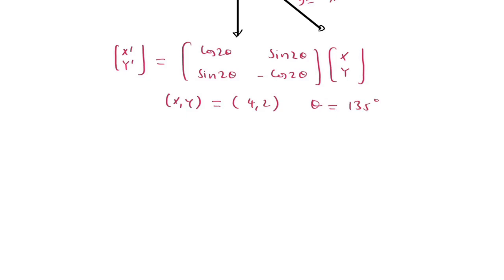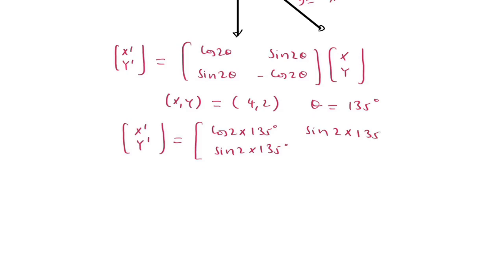Let us now substitute these values into our formula. Then [x image; y image] equals matrix [cos 2 times 135°, sin 2 times 135°; sin 2 times 135°, -cos 2 times 135°] times matrix [4; 2].